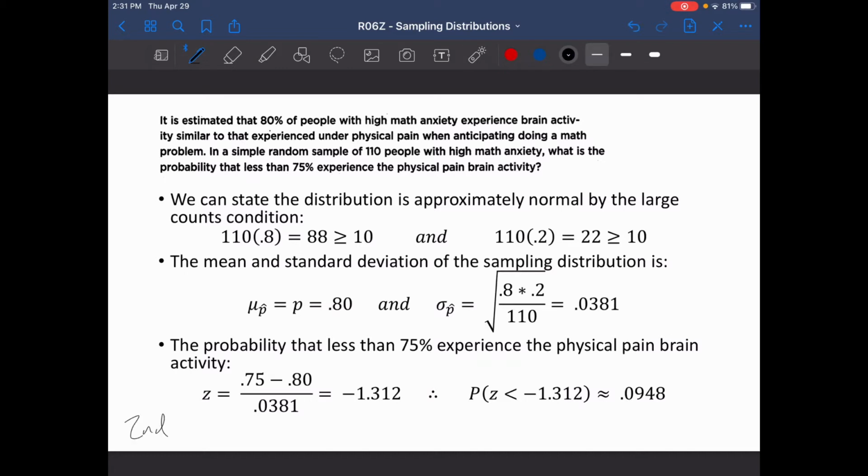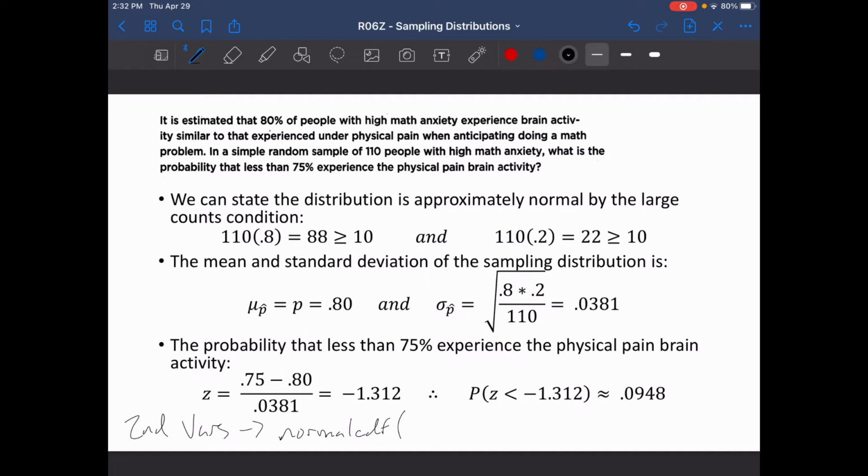What we can also do is go to our calculator, go to second vars, and then select normal CDF. Because we are trying to determine the probability that less than 75% experience the physical pain brain activity, we know that we have a lower bound and an upper bound in our normal CDF function.